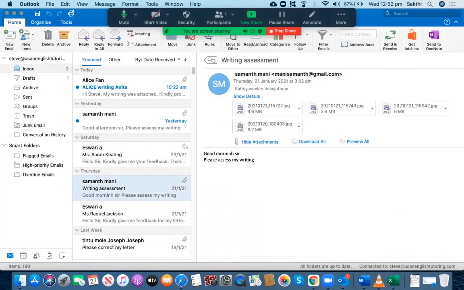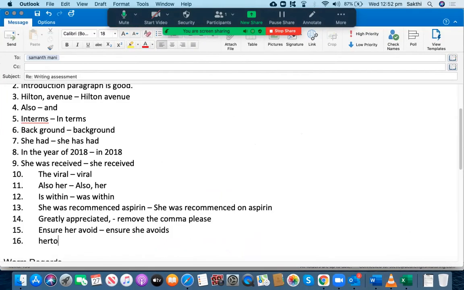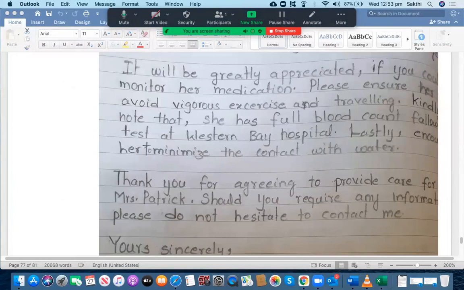Encourage her to minimize seems to be a single word when you see this here. We must be able to see the gap between them, but there's no gap or space. All right, to contact with the water.